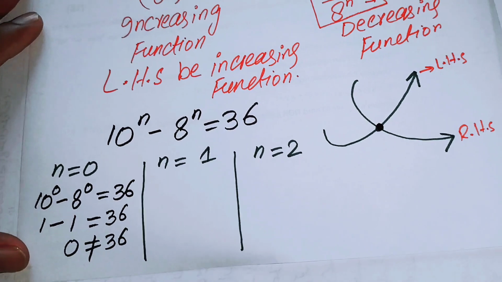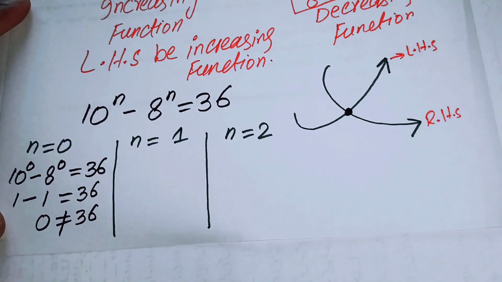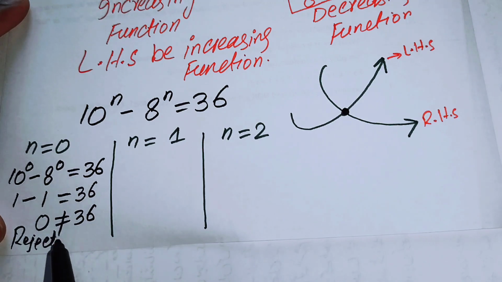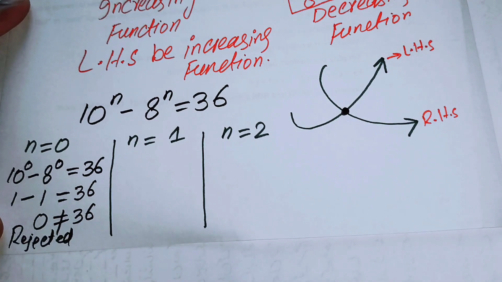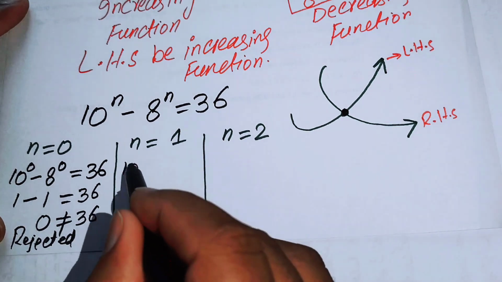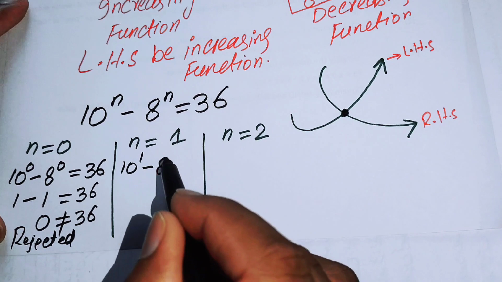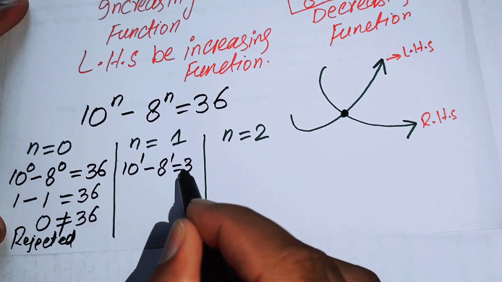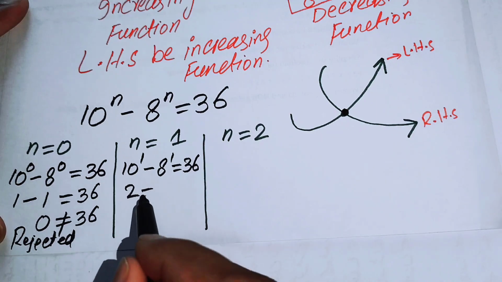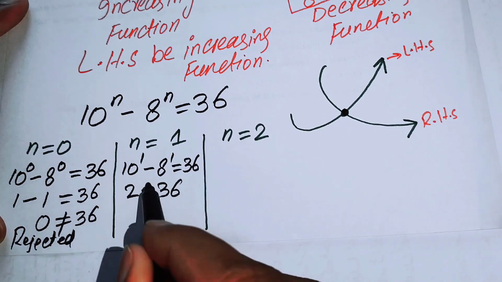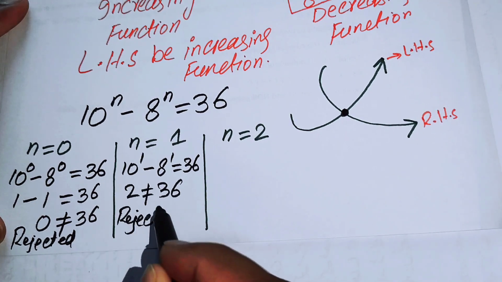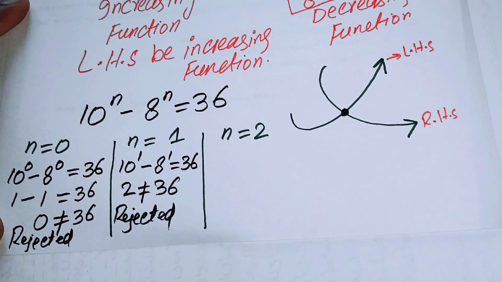It is not possible, so we reject it and cannot choose n equals 0. Now we check n equals 1. You get 10 to the power of 1 minus 8 to the power of 1 is equal to 36, and 10 minus 8 becomes 2 is equal to 36, which is not possible, so we reject this one also.